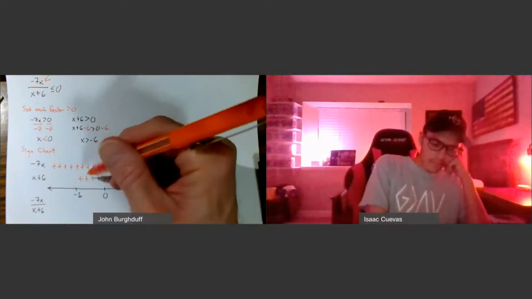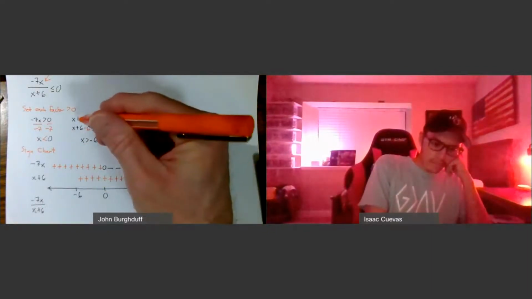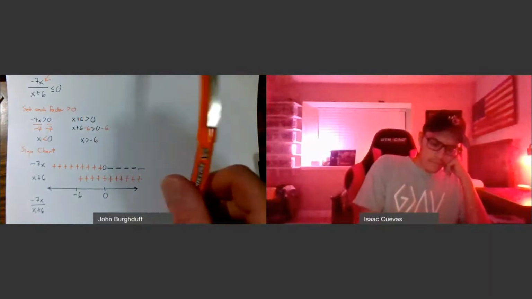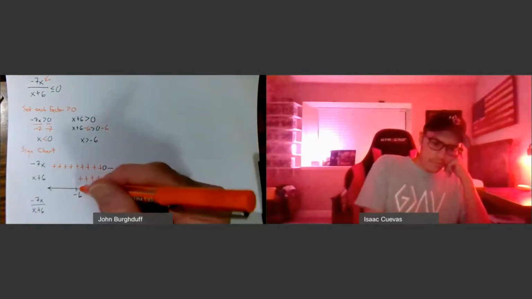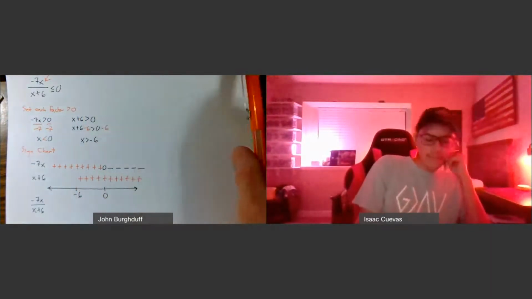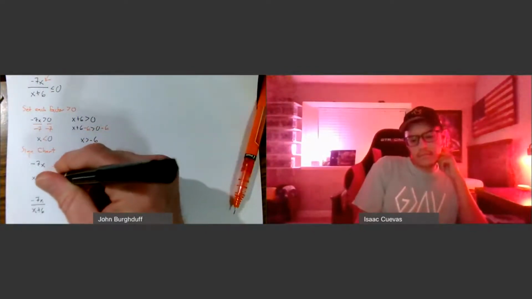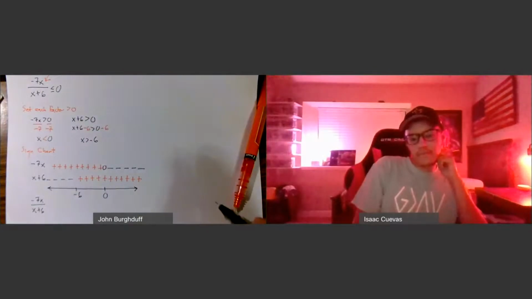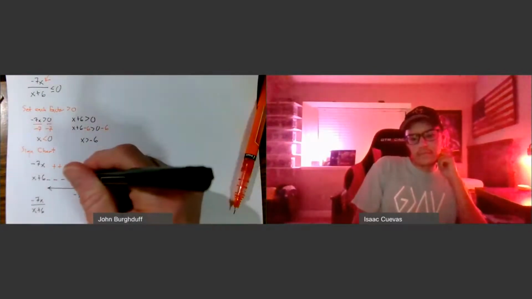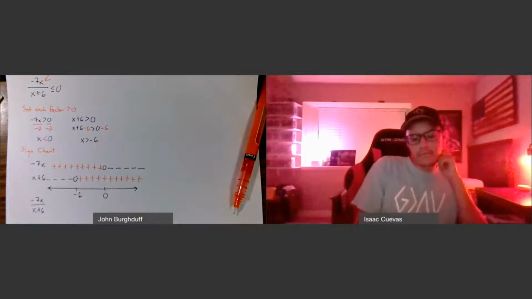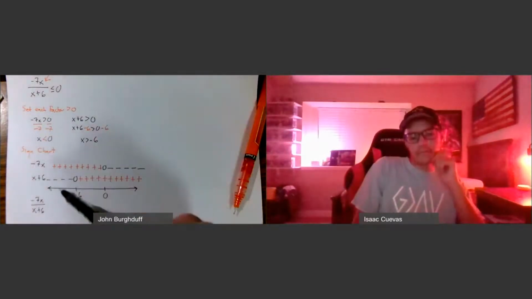And then what you get for free is that if for all these values of x the factor is positive, then for all the values of x on the other side, the factor is negative, and right at that point, it's 0. So that's looking at each factor individually.